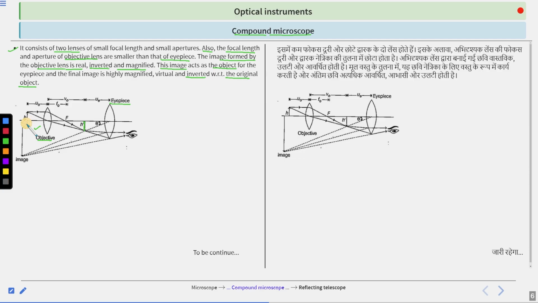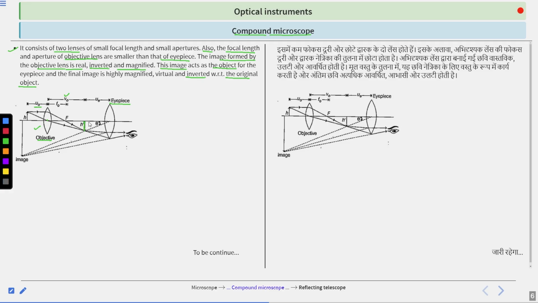So this is the ray diagram of the compound microscope. The distance between the object and the optical center is represented by uo. This is the object distance, and the distance from the optical center to the image of the object in the case of the objective lens is vo. Clear?